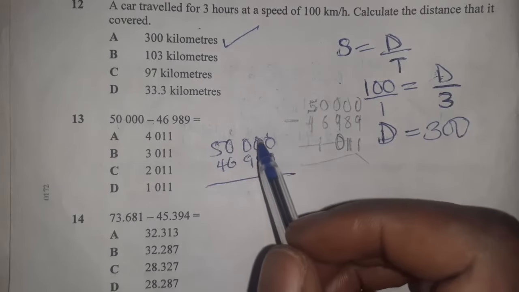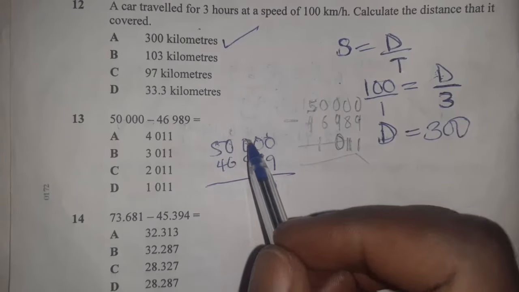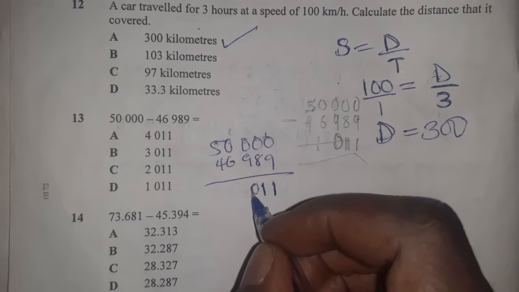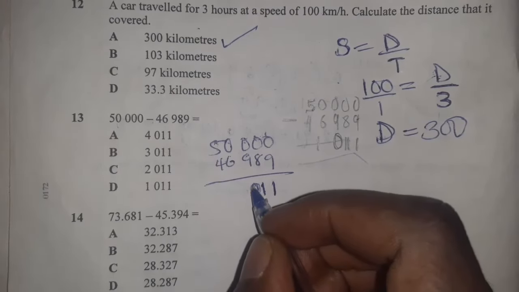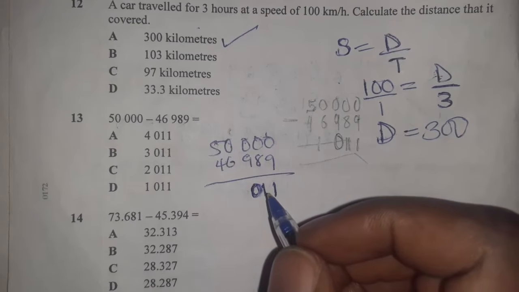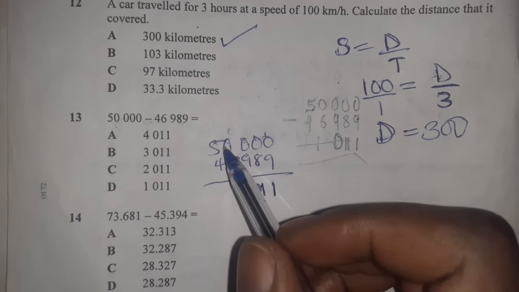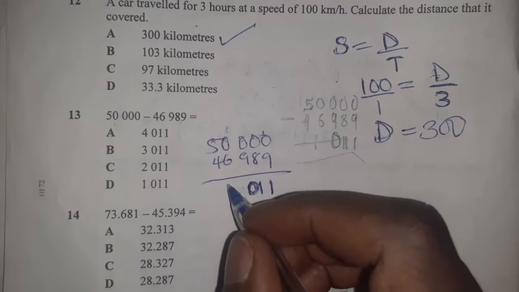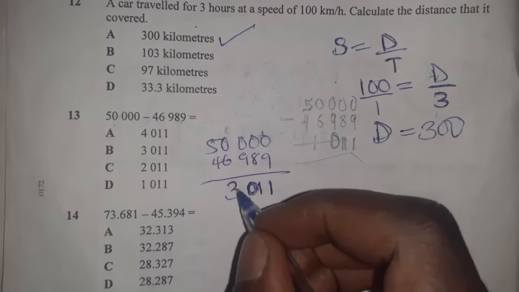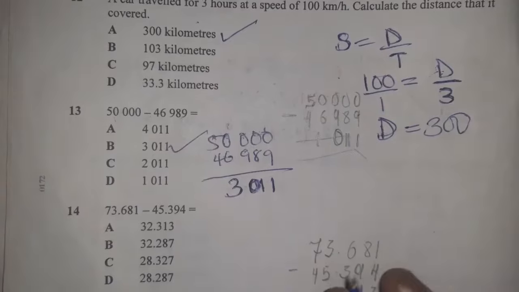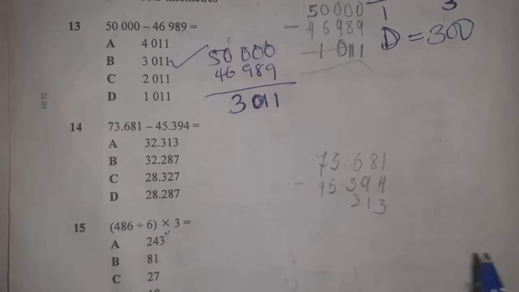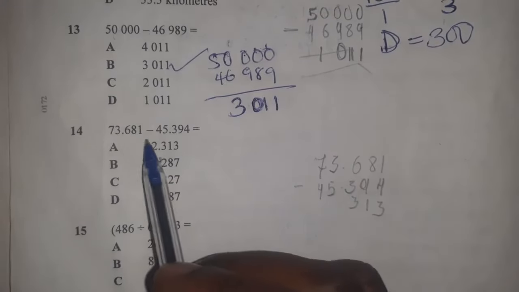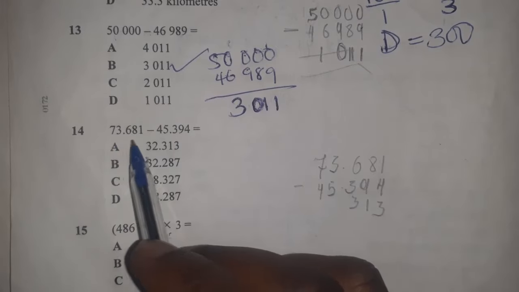And here we remained with 9. 9 minus 9, we get 0. Then here we remained with also 9. 9 minus 6, we get 3. So we go to question 14.